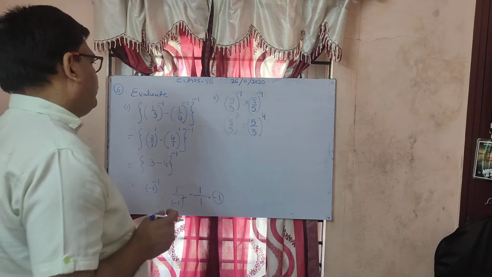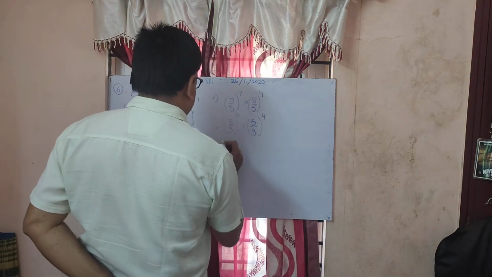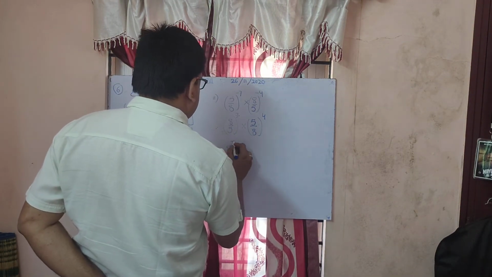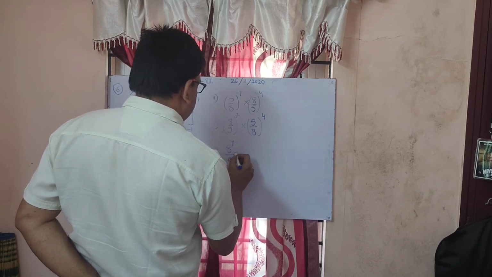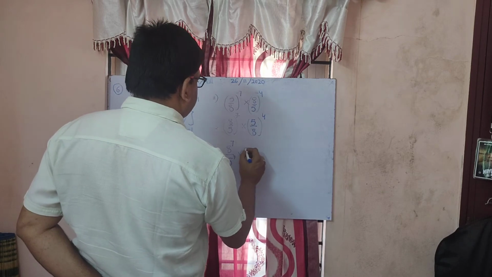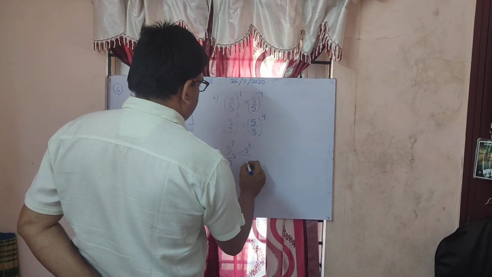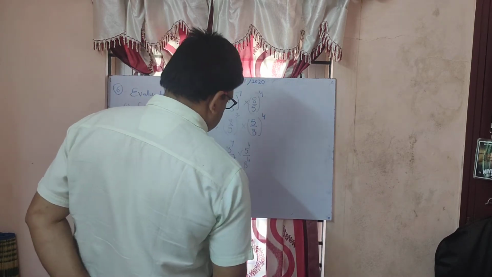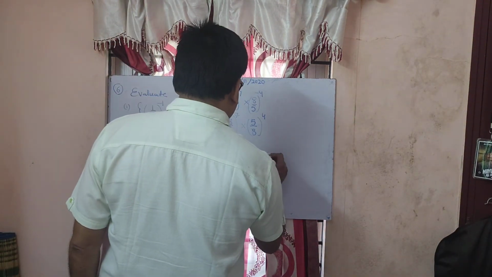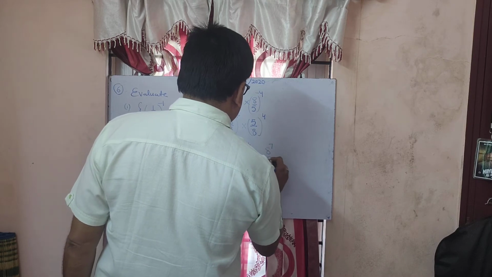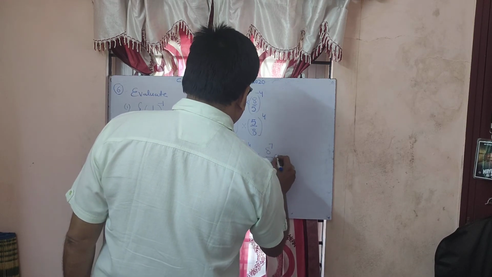Okay, now look here. 8 to the power 7 divided by 5 to the power 7. You can write like this. You know the same thing, 5 to the power 4, so 8 to the power 4. Now we'll just reassemble it. We can write like this.